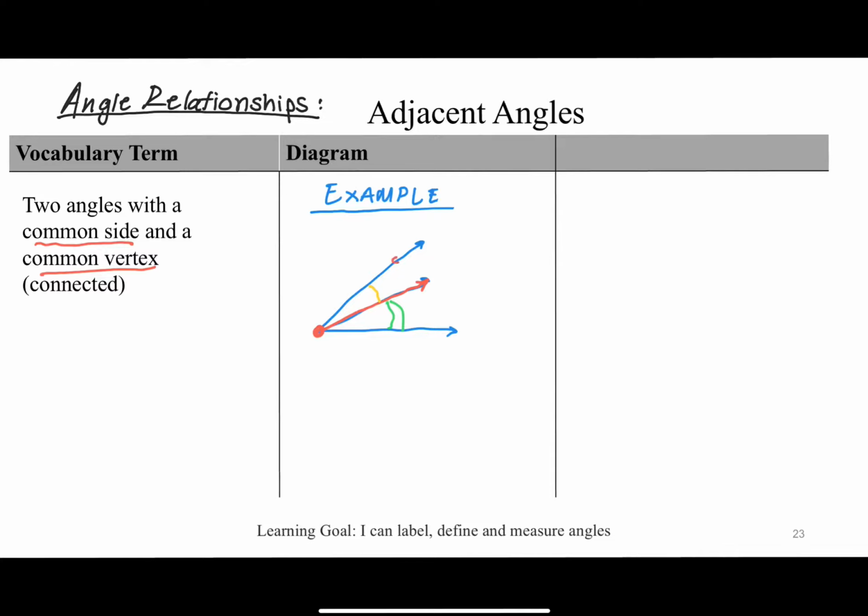So if I go ahead and plot and name a few points on this diagram, we can go ahead and say that angle ABD, which is the angle highlighted in yellow, and angle DBC, which would be our green angle, are adjacent angles.